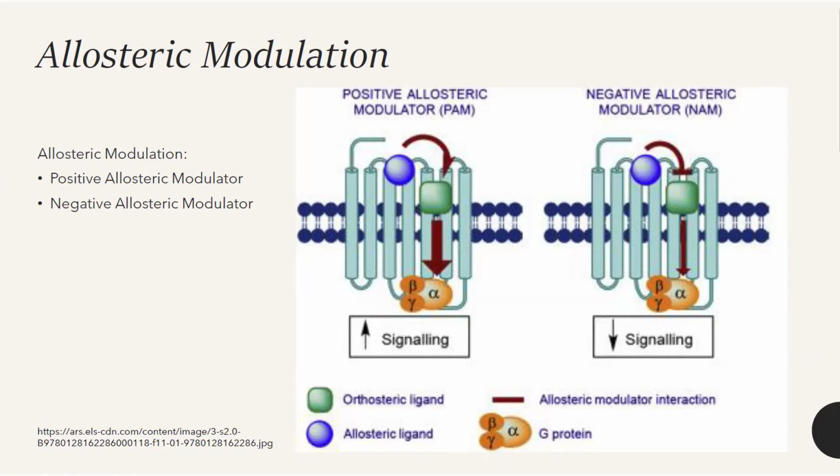A positive allosteric modulator is an example of a drug that is going to cause a protein to take on a shape where it is going to increase signaling. A negative allosteric modulator is going to decrease signaling because it's going to cause the protein to basically lock up, and the receptor to not really do anything.